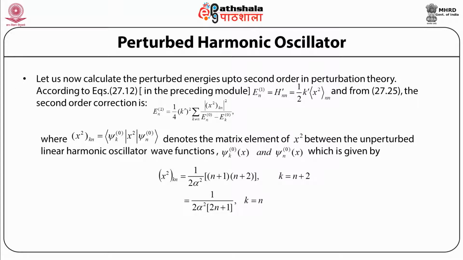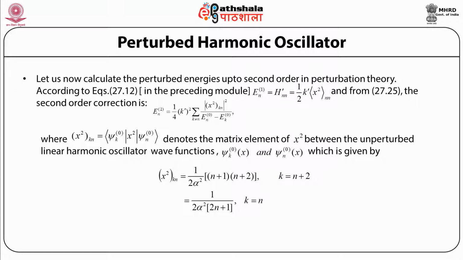And from 27.25, the second order correction is En2, which is equal to 1 by 4 into k prime square into the sum over k not equal to n of the modulus square of x square kn divided by En0 minus Ek0, where x square kn denotes the matrix element of x square between the unperturbed linear harmonic oscillator wave functions psi k0 of x and psi n0 of x.